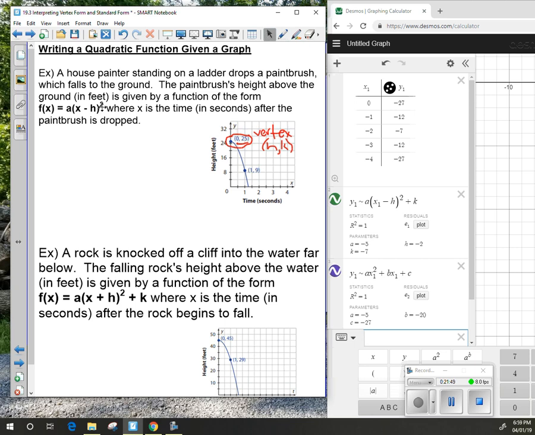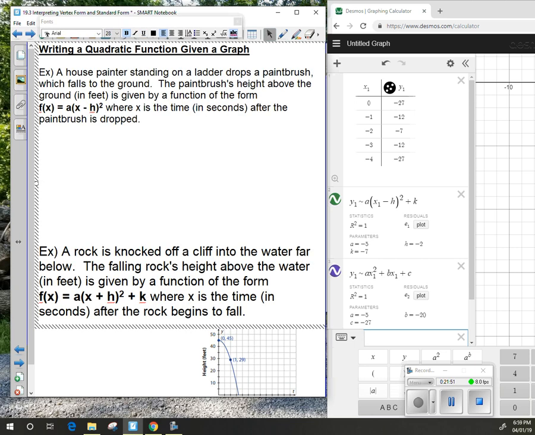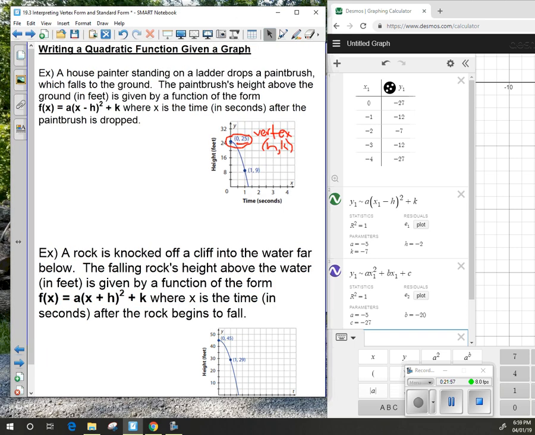I'll be honest guys, I think this one here should have a plus k in that equation. I'm sorry, there's a typo in that. So I know for this problem that my h is 0 and my k is 25. I know that since that paintbrush is just at the top, it's 0, 25.